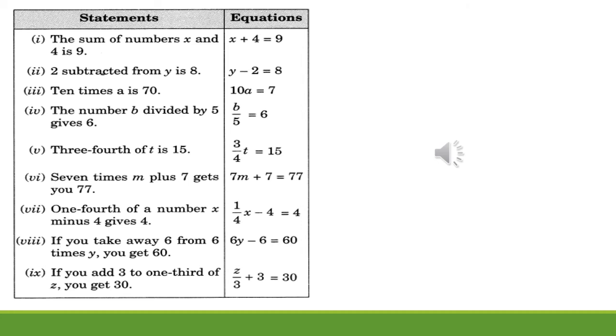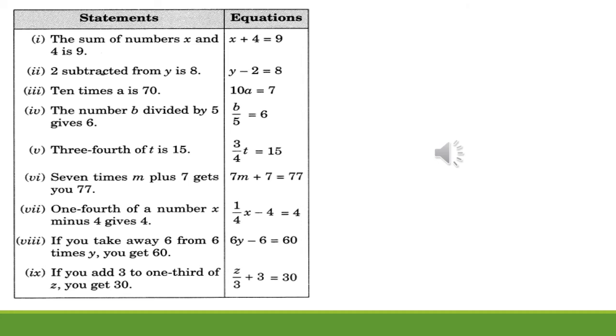Part 7. 1/4 of a number x minus 4 gives 4. So 1/4 x minus 4 is equal to 4. Part 8. If you take away 6 from 6 times y, you get 60. So 6 times y is 6y and we are taking away 6, that means we are subtracting.